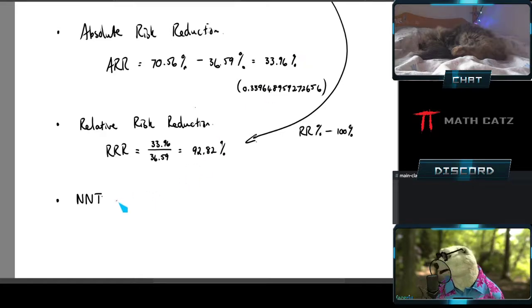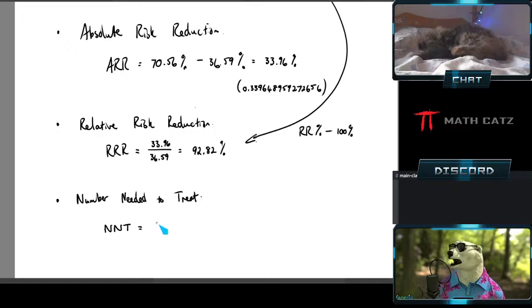So that is, oh, I should probably write down the thing, right? Number, that's a lot of E's. Treat. Then we'll call it NNT. If I like the percentage version, I don't know, it just makes me feel better.